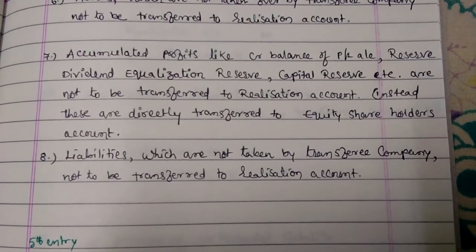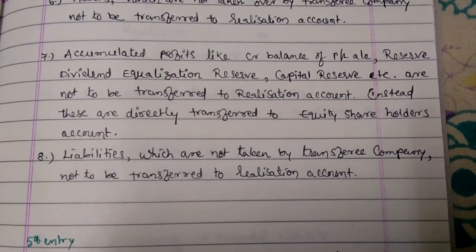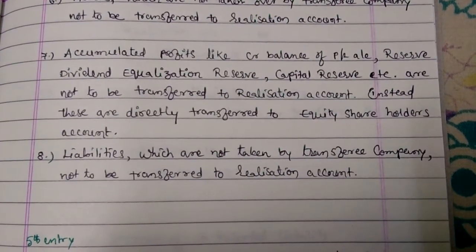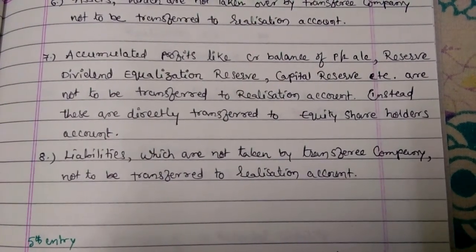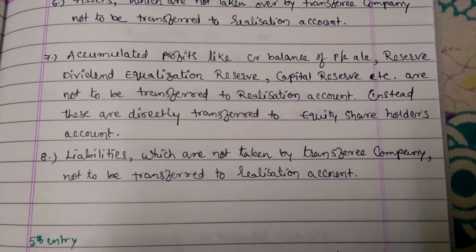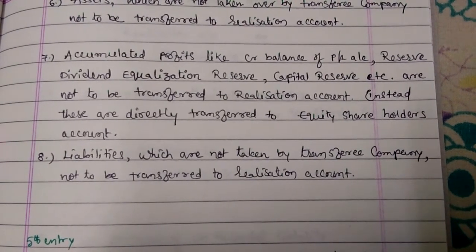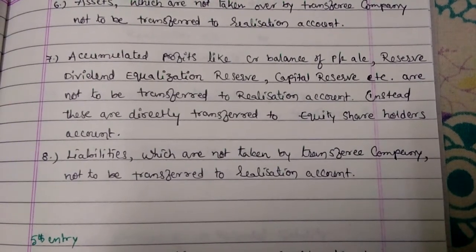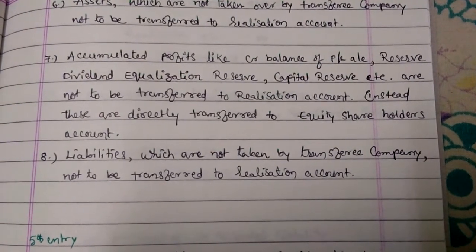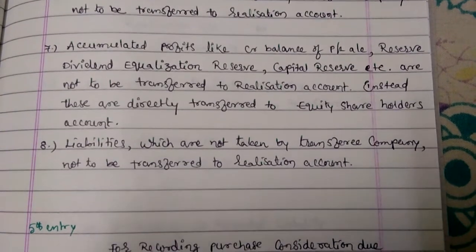So the credit balance of profit and loss account is called profit, and reserves, dividend equalization funds and capital reserves go directly to equity shareholders, not to the realization account.